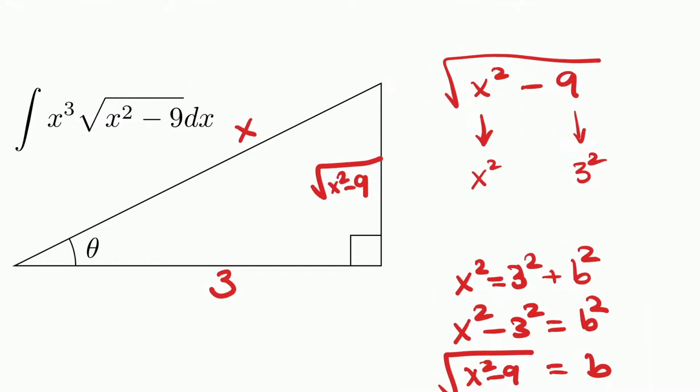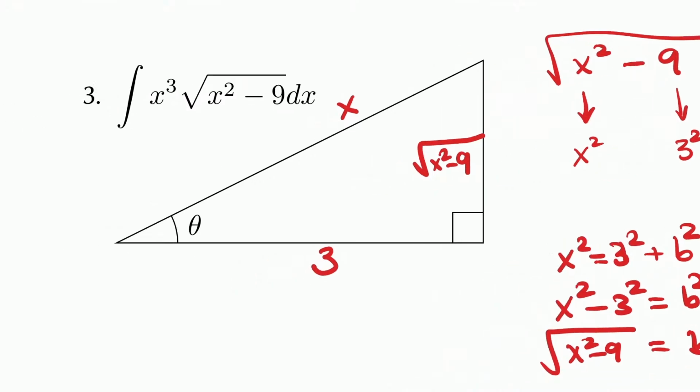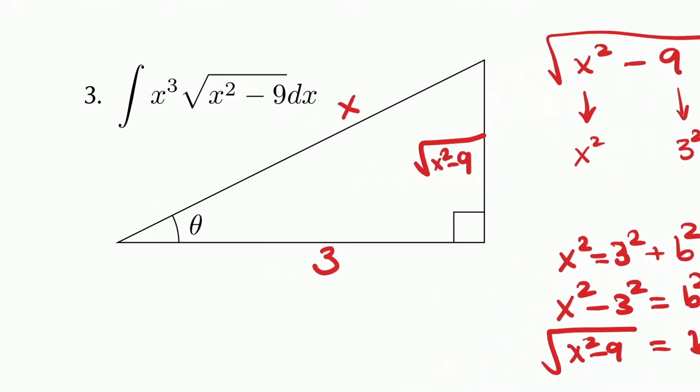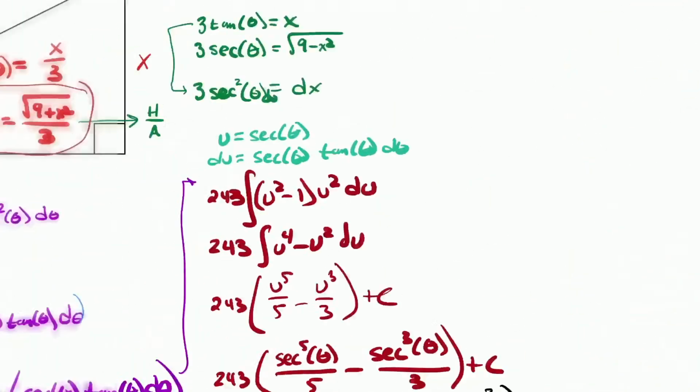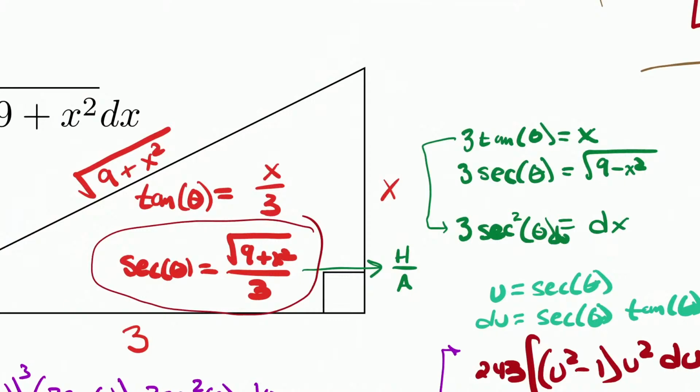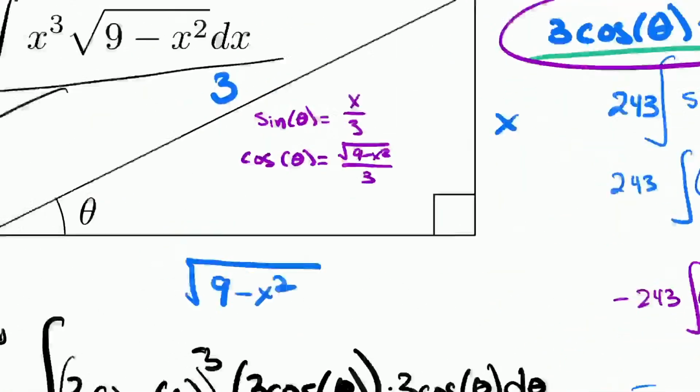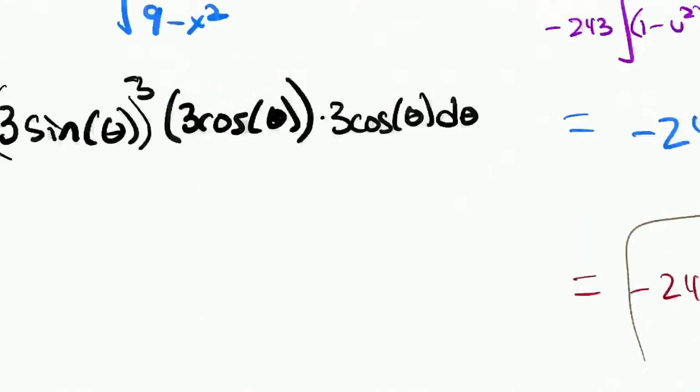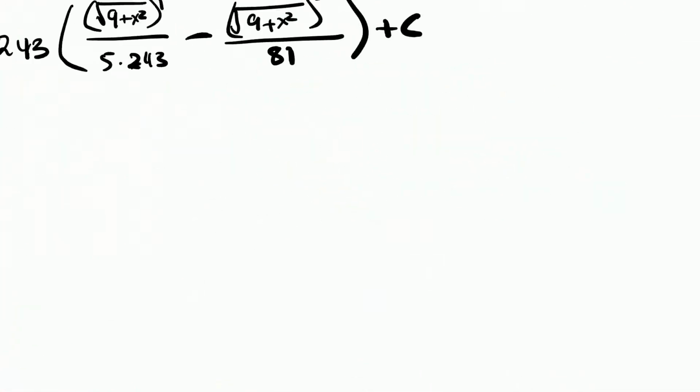All right, so now the rest of this, I don't know if we want to do the whole thing, but let's see. Once you've got your sides labeled, the next step is to write down the trig functions. Notice that each time I wrote down trig functions, I always had the x over 3 and the radical over 3. Up here as well, x over 3, radical over 3. So let's do the same thing down here.